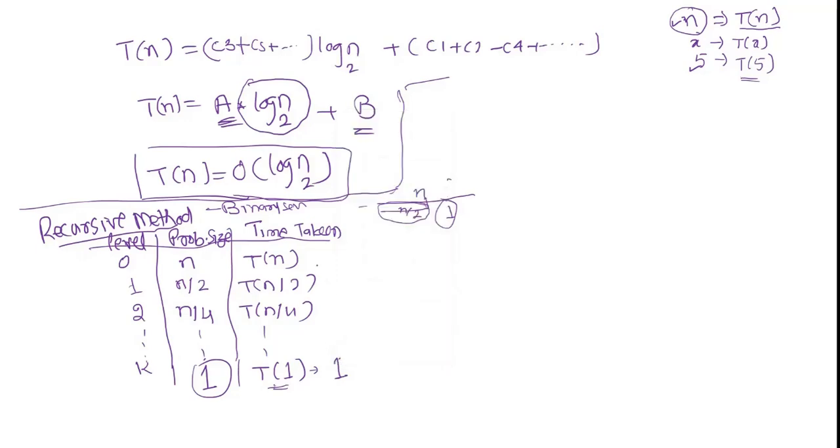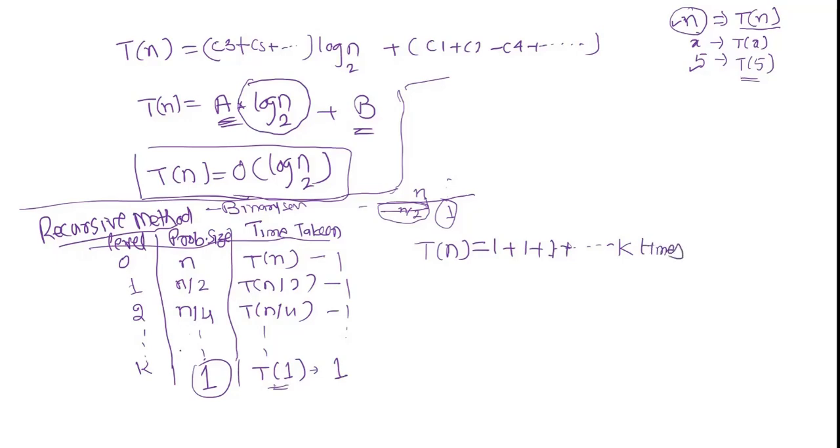Similarly, in each level we are doing one comparison. So you can see the total time to solve the problem of size n, T(n), will be 1 plus 1 plus 1 plus, how many times? k times.